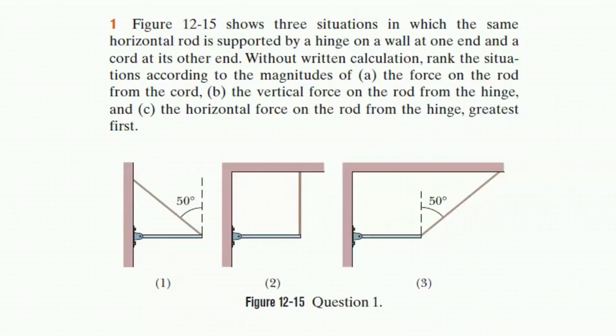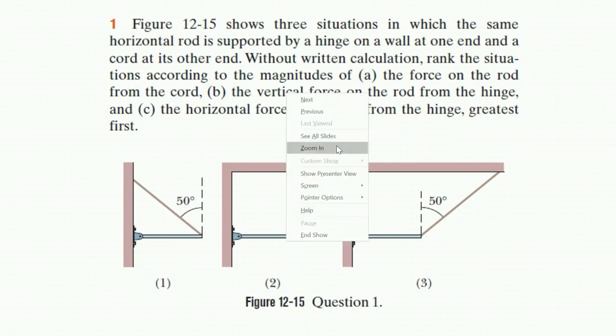So for question A, 1 and 3 tie, and then 2 is the last one, with a smaller TC, because it has a larger sine phi.